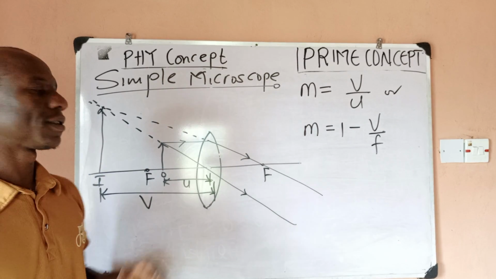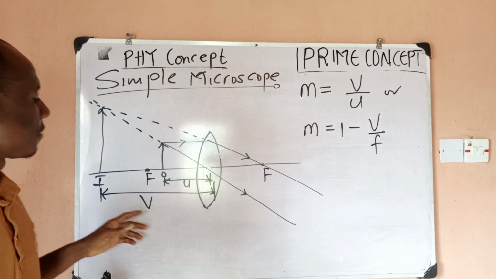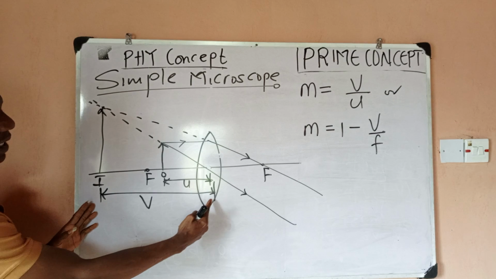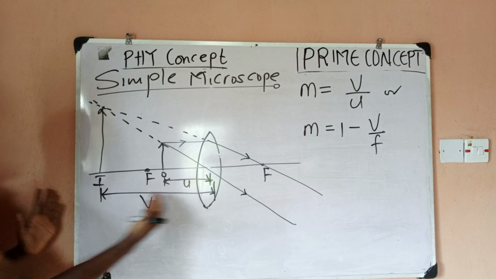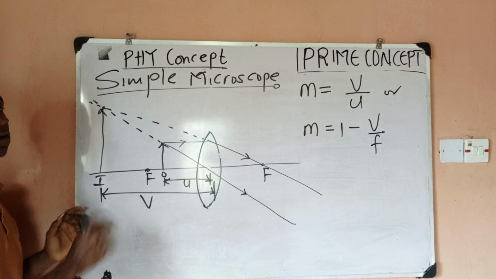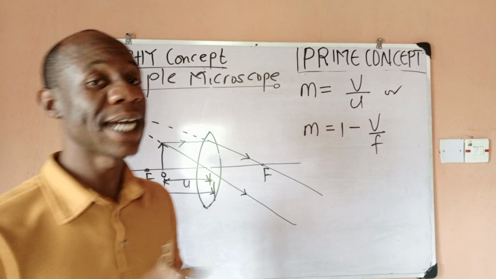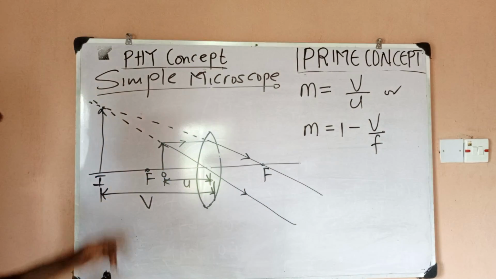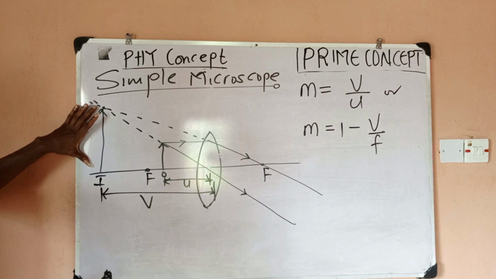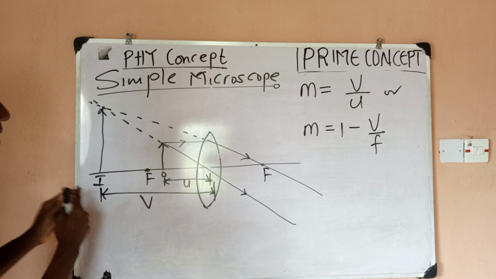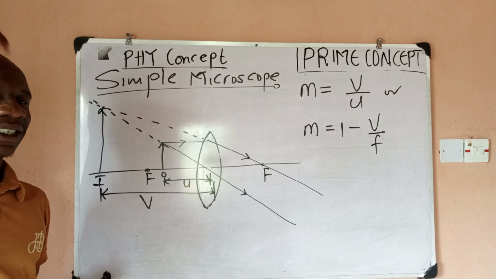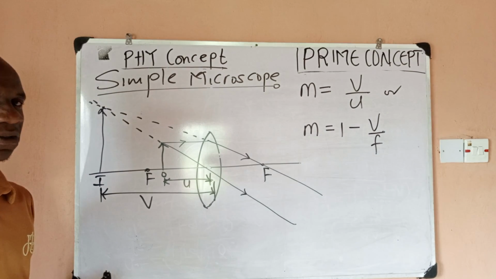Yes. Now, since you can see that our image is formed on the same side as our object, it means that v is going to be what? Negative. Now, we want to consider a special case where this image is located at a point which we know as the least distance of distinct vision.